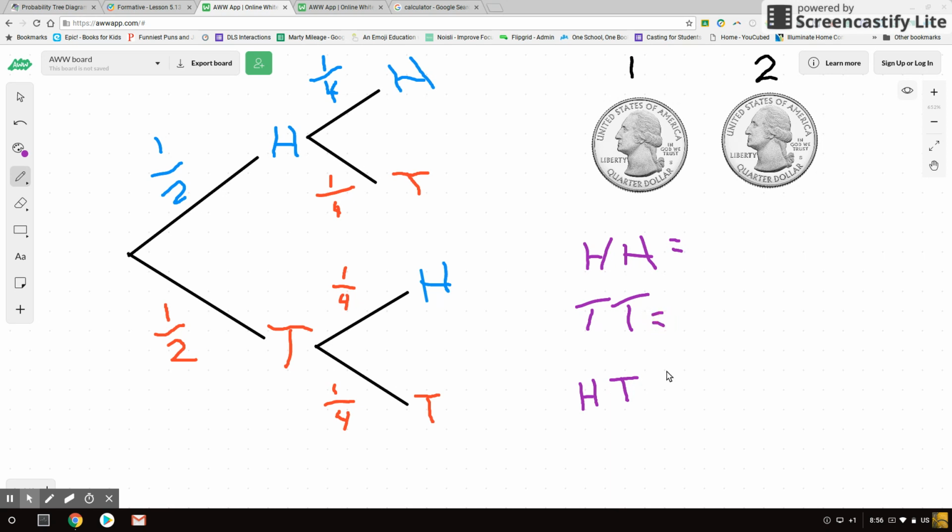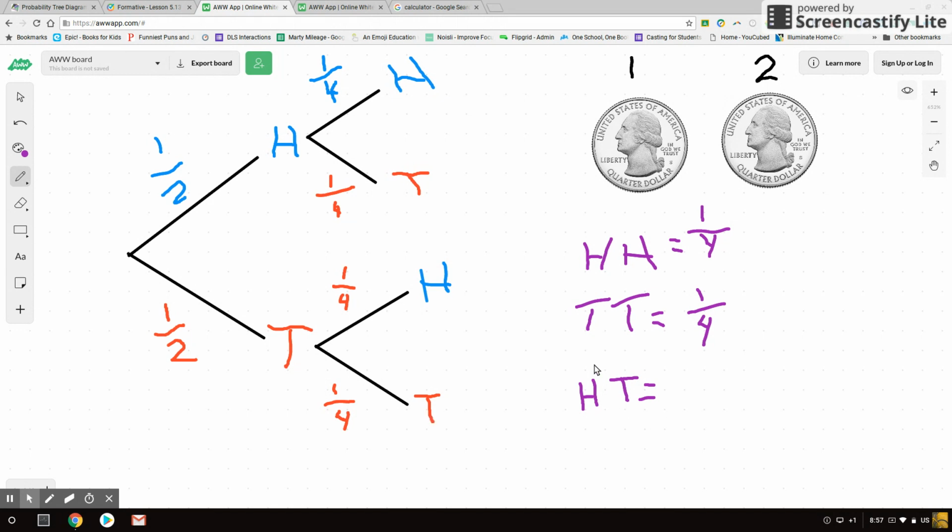According to probability, what is the smart thing to do? Let's look at our tree diagram. I have a 1 out of 4 chance that it's going to come up heads, heads. There's only one possible outcome because both coins have to come up heads. Tails, tails, I have a 1 out of 4 probability as well, because I would get tails and then another tails.